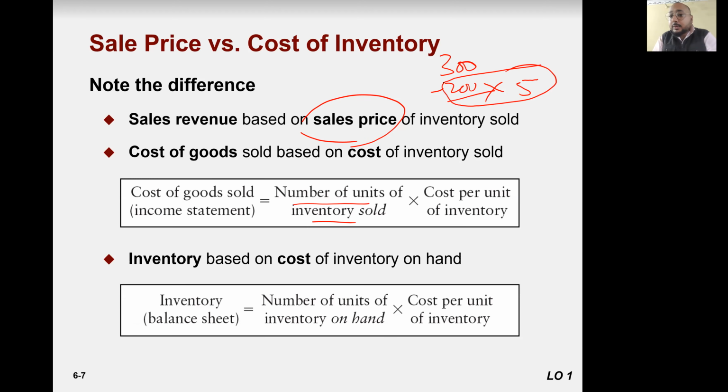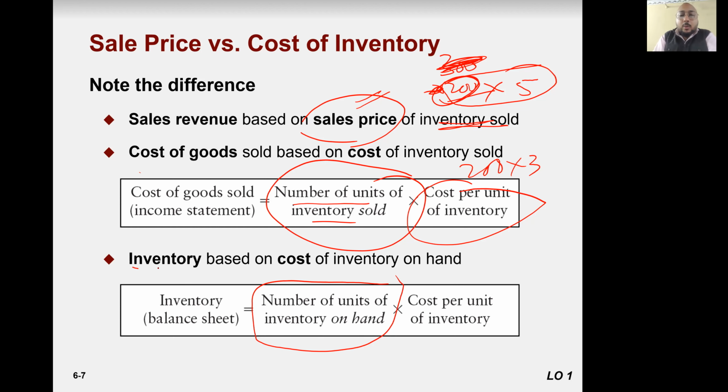Sale price was 5, so not 3. So you must consider sale price with the inventory sold, not the total inventory. Similarly, cost of goods sold, those items you sold, what are their costs? So it would be 200 multiplied by 3. So here we go.